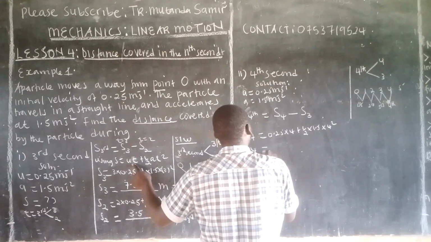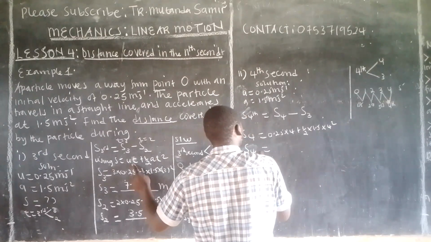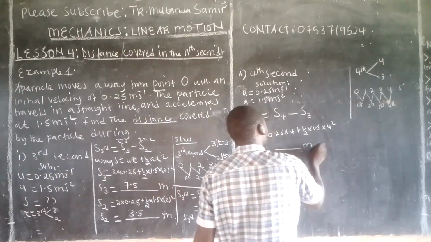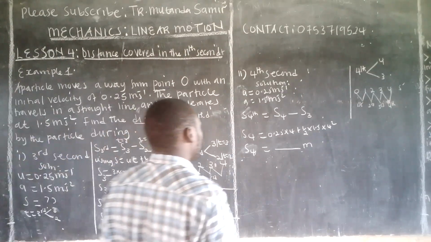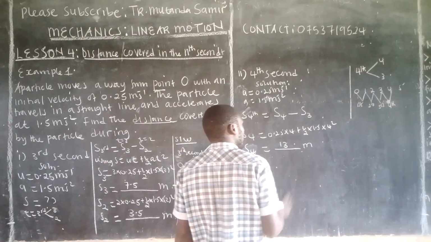What will be the distance covered when time t is equal to 4 seconds? When you press on the calculator, S4 is giving us 13 when you square very well. So S4 is giving us 13 meters.